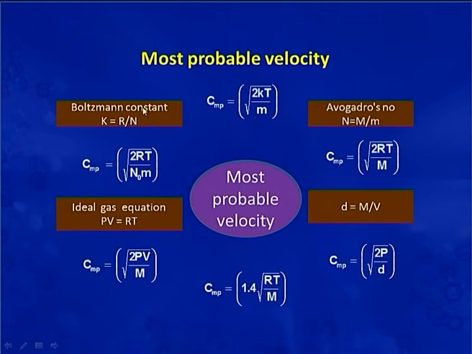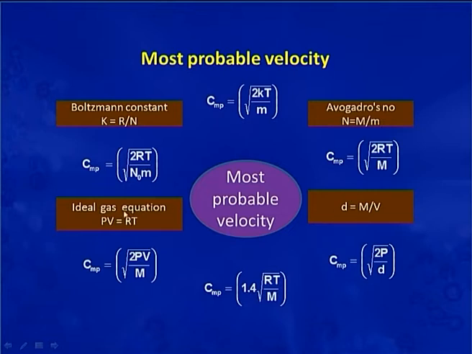As we know, Boltzmann constant is equal to R/N. So, we can write c_mp as √(2RT/(N·m)), as Avogadro's number times m is M, that is molar mass by molecular weight. So, we can write c_mp as √(2RT/M).